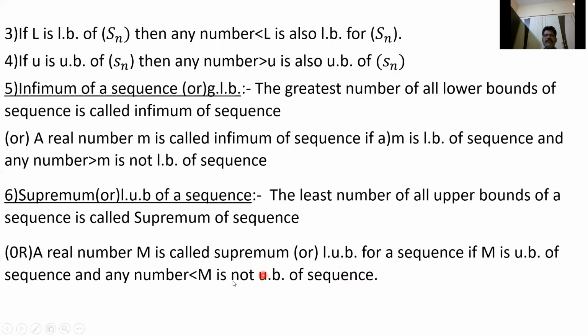So the first point: a real number capital M is called the supremum for a sequence if capital M is an upper bound of the sequence and any number less than M is not an upper bound. For the infimum, a real number small m is called the infimum of the sequence if m is a lower bound of the sequence and any number greater than m is not a lower bound.